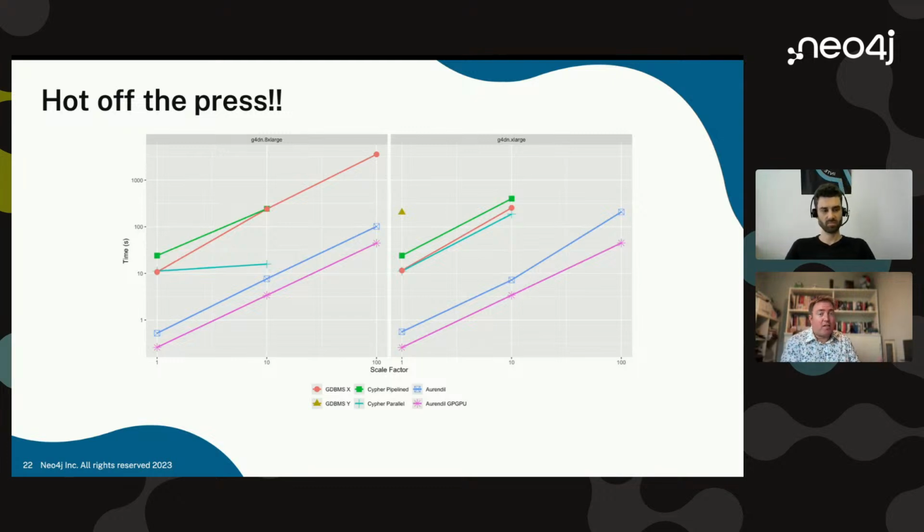What that translates to for everyday users is that it's cheaper. The total cost of ownership of an Aurendil system ends up being significantly cheaper than other systems. The sound bite I like to use is that we allow people to do more science per dollar. And that's what the project's all about. So yeah, that's Aurendil.